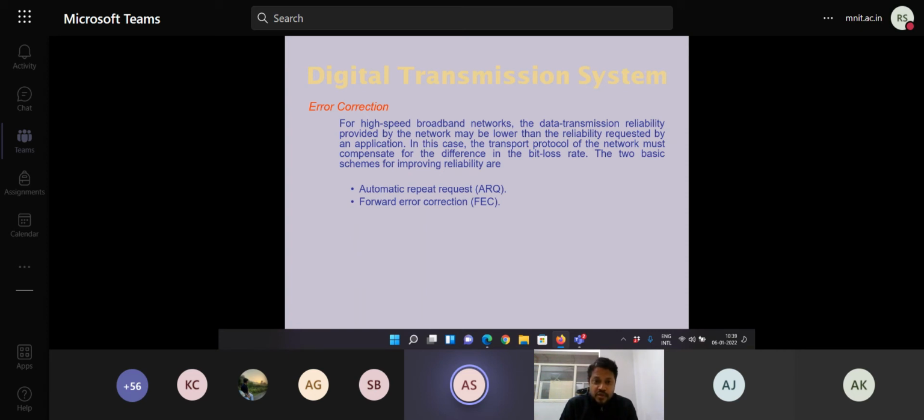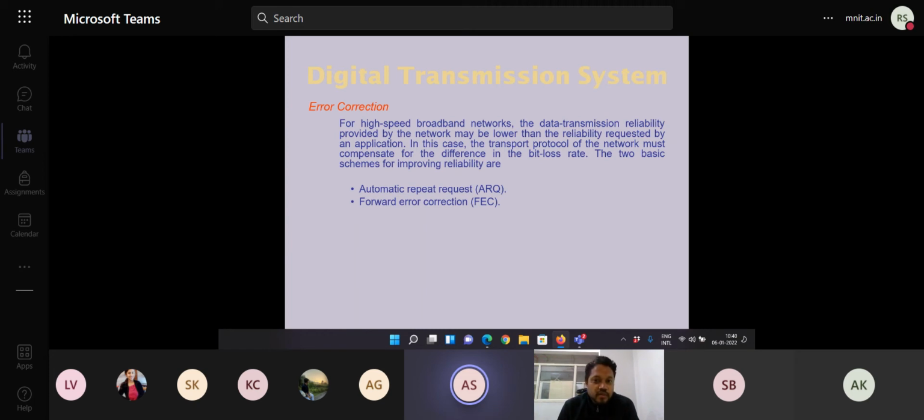And automatic repeat request is based on error detection. The receiver does not have the full capability of error correction, but it has a capability of error detection, like say some parity checking method. In such a scenario, if the receiver detects that there is an error, then automatically it will ask the transmitter to repeat the transmission.